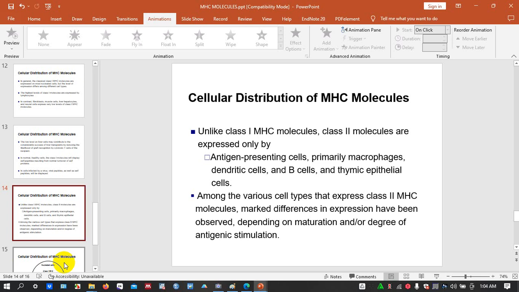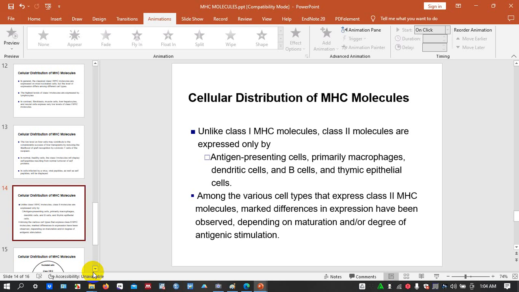I explained how class 2 molecules display the antigen on the surface of macrophages or antigen presenting cells, so that in the end such an organism can be taken out of the body and destroyed by what?